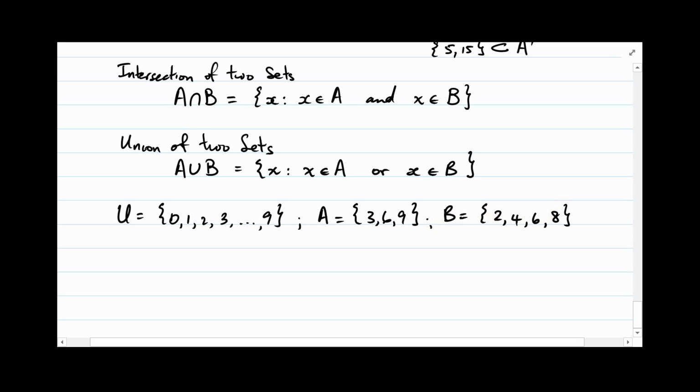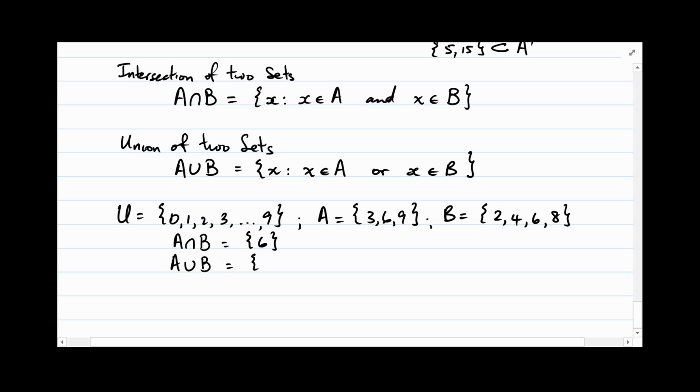Okay. So looking at this, I would be able to say what is common to both, what is the intersection of both. And the only term that we have is the element 6. If I, on the other hand, ask what is the union of the two sets, it's a joining of the two sets without repeating things.